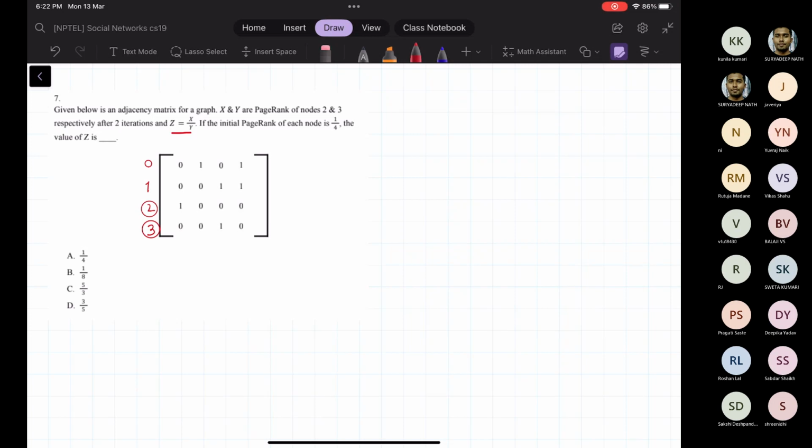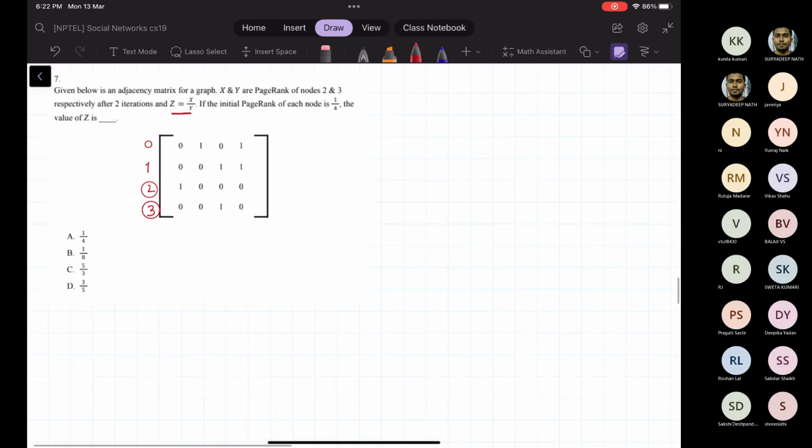What is an adjacency matrix? It gives the structure of the graph.